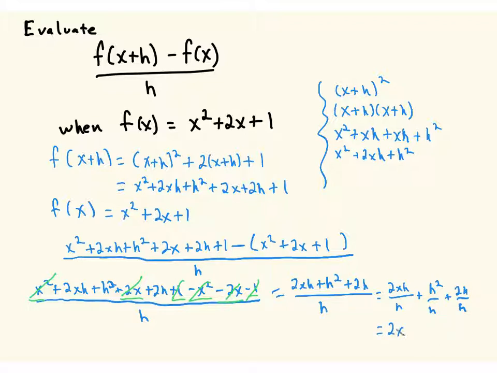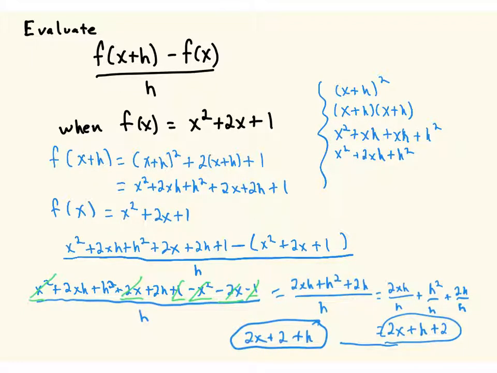So what we're left with then is 2x plus h plus 2. Now, if we reorder this, traditionally, you would write the 2x plus 2 and then plus h. And that would be what we would have.